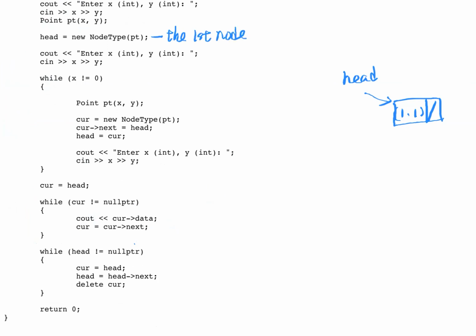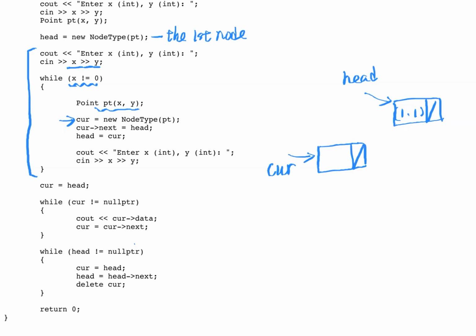Then we use a while loop to add the remaining nodes. So we prompt user to enter X and Y. The condition is if the user entered X is not 0. So we check the X. If the X is not 0, we create a point object. And then the current equal to new node type PT. So this means we create a new node. Now the current points to this new node.